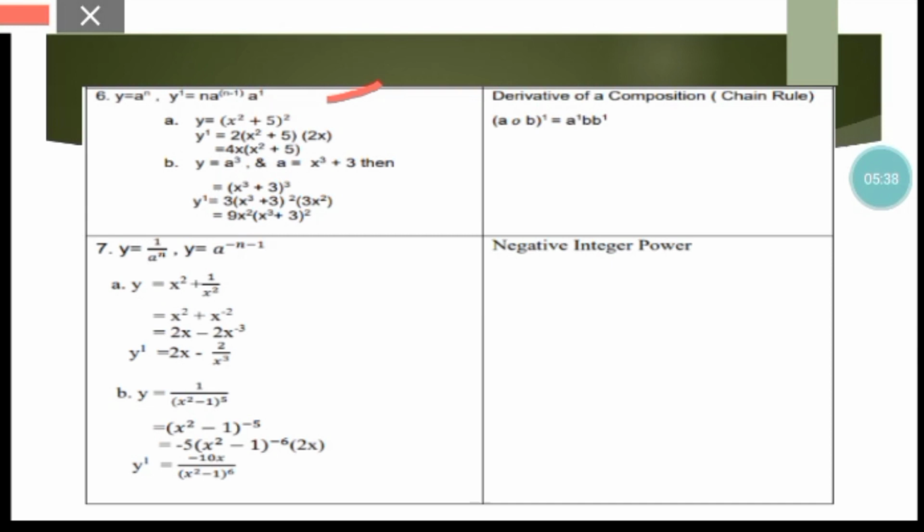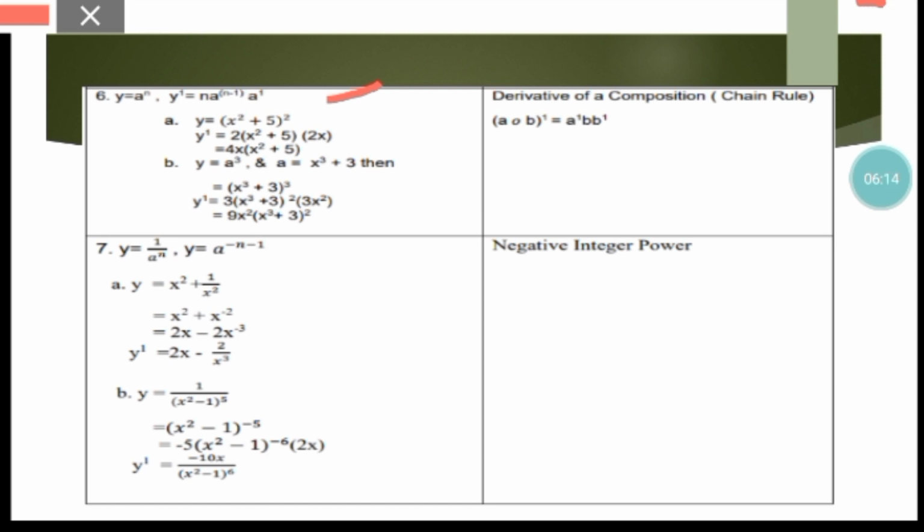In problem B, that is also the process. Then, negative integer power. In letter B, you have 1 over x squared minus 1, raised to 5. It is in the denominator, so you move it to the numerator: x squared minus 1 raised to negative 5.